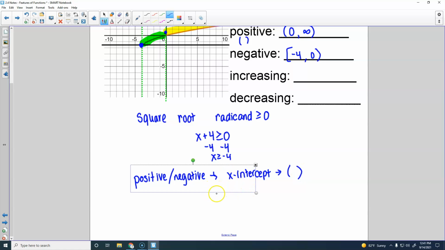If it is the endpoint, like we see right here, then you're going to use a bracket, unless the endpoint also is the x-intercept, in which case use a parentheses. So if it's where it hits the x-axis, you want to use a parentheses because that's at 0. 0 is neither positive nor negative. If it's at the endpoint here and it's not on 0, you want to use a bracket because it does include that point.